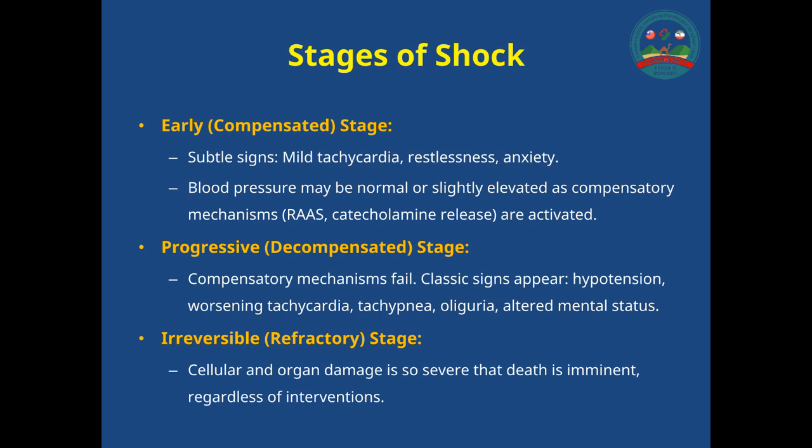Blood pressure drops, tachycardia worsens, breathing rate increases, urine output falls, and mental status becomes altered. At this point, organ perfusion is clearly compromised. The irreversible or refractory stage occurs when cellular and organ damage is so severe that even aggressive interventions cannot reverse the process. Death becomes inevitable if the shock is not corrected before reaching this stage.